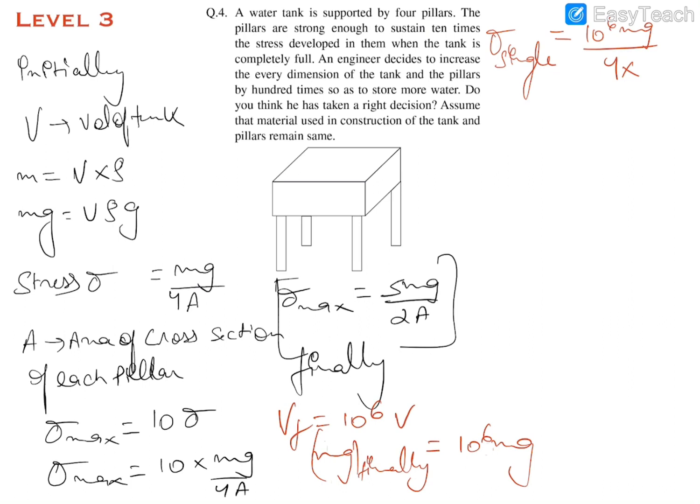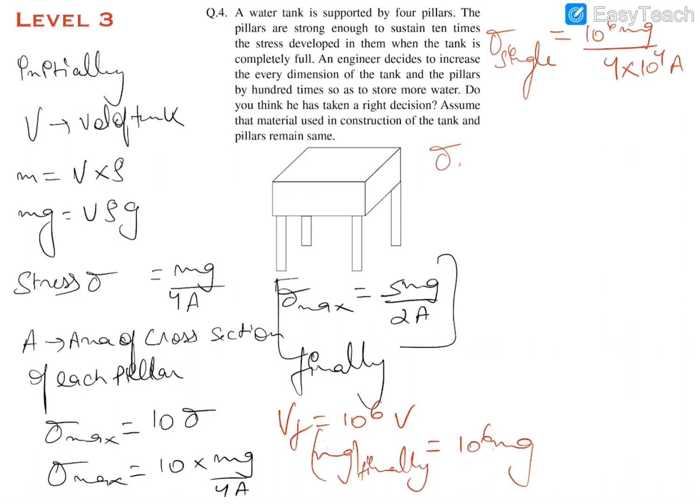Now the area of each pillar, if we increase each dimension by 100 times, will become 10 to the power 4 times, because area is proportional to the square of a single dimension.